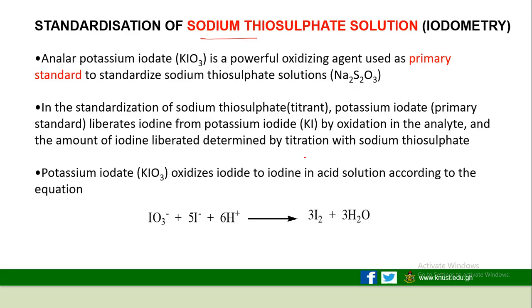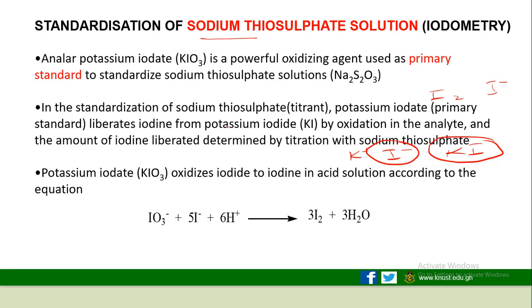That's in iodometry, we don't have the iodine readily available. We don't have I2. What we have is I minus. Now the I minus here is coming from the KI. So in solution, the KI will dissociate to produce K plus and I minus. So this is where we are getting our I minus.